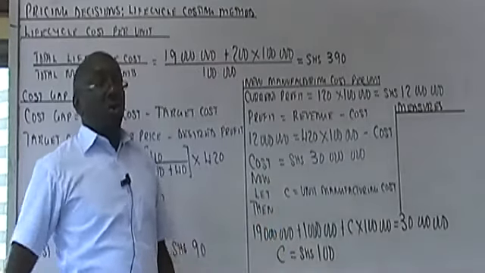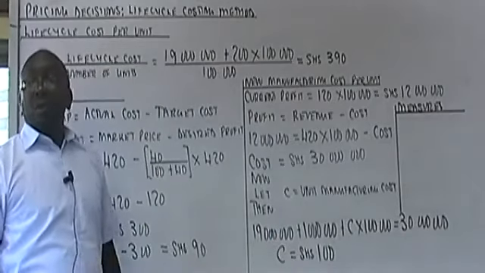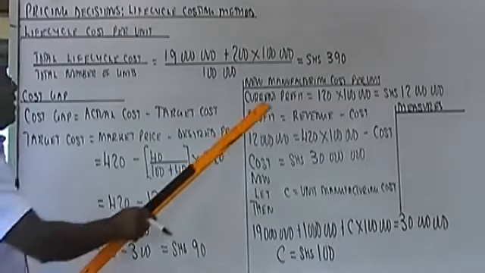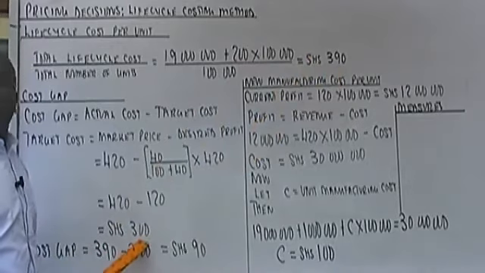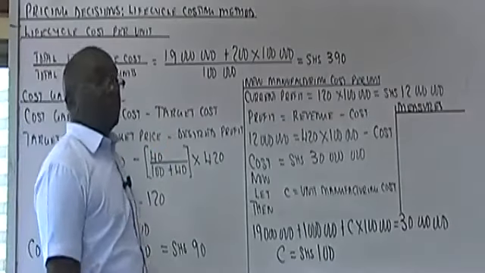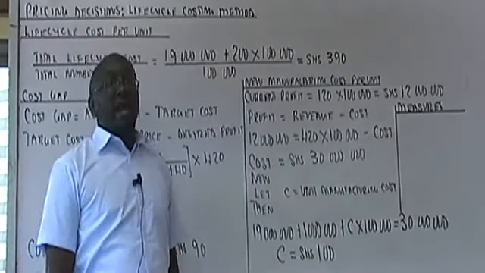you need to know what exactly is the cost gap. What you can see here is we are incurring 390, but we are supposed to be incurring 300. So we are spending more. We are being too good to our customers, which has the effect of denying us the profit.